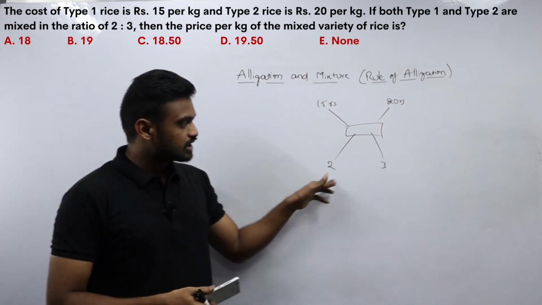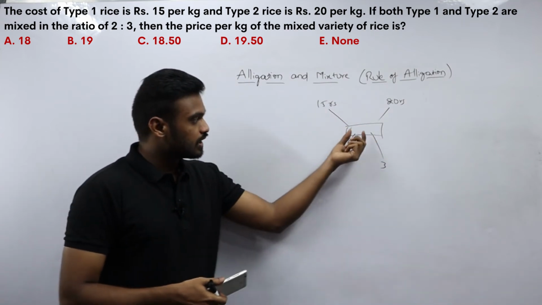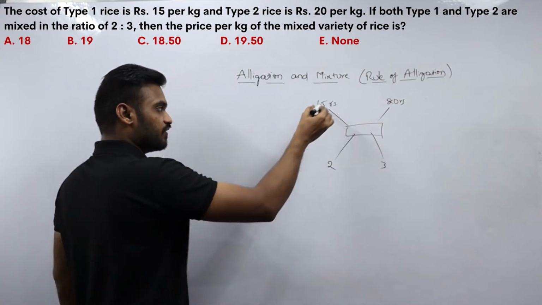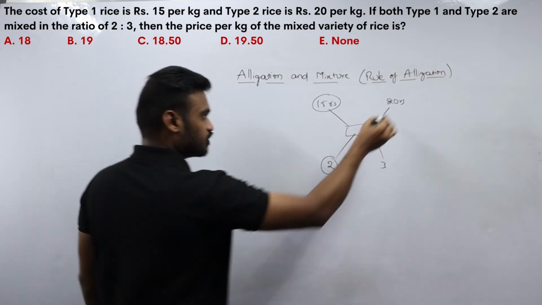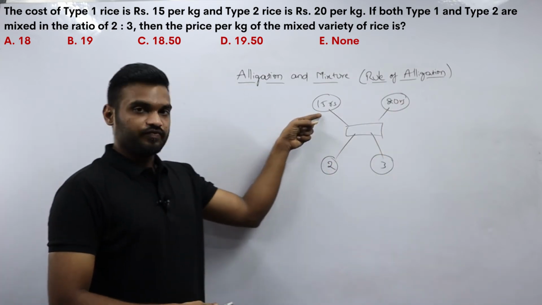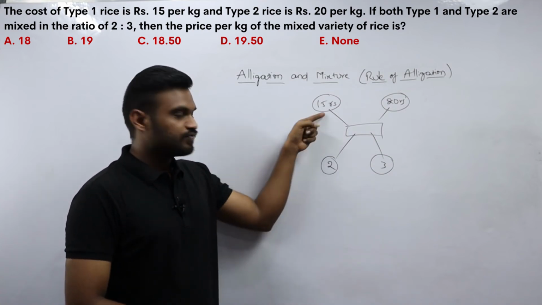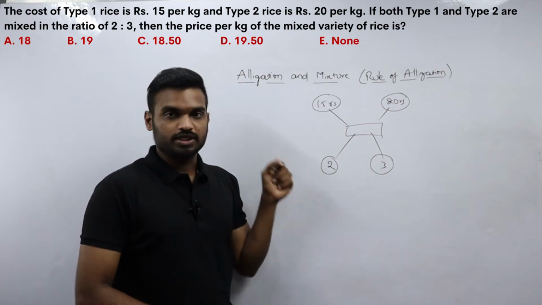Now we need to find the resultant price, that is the mean price. Here 15 rupees rice is mixed in 2 parts and 20 rupees rice is mixed in 3 parts.